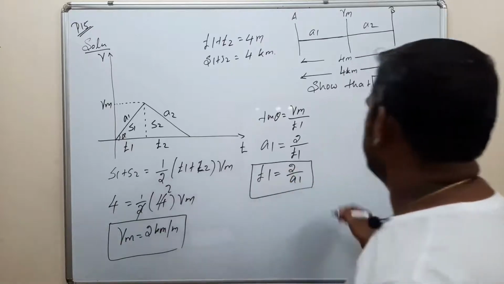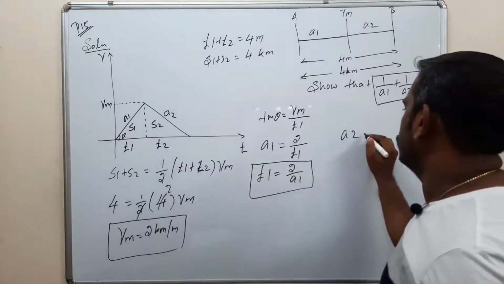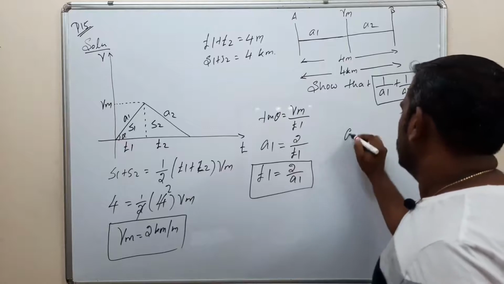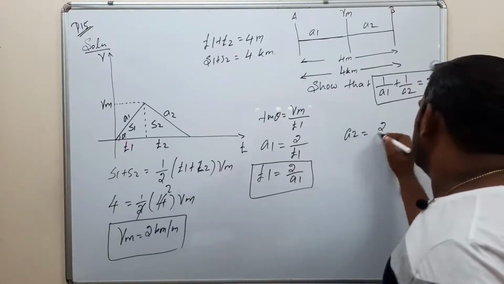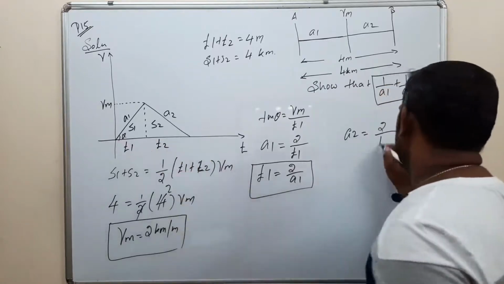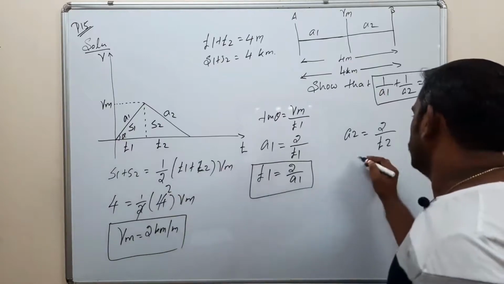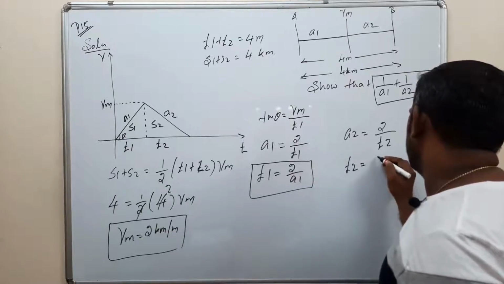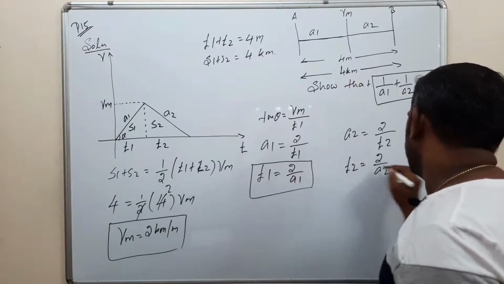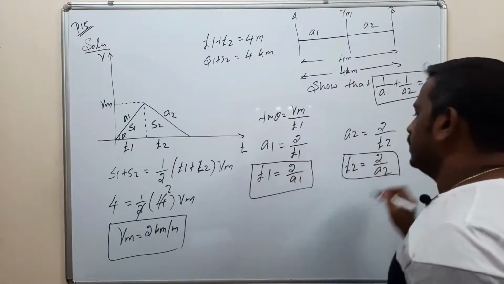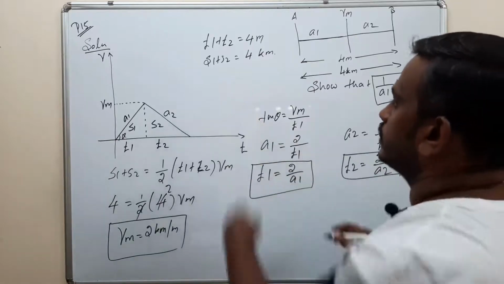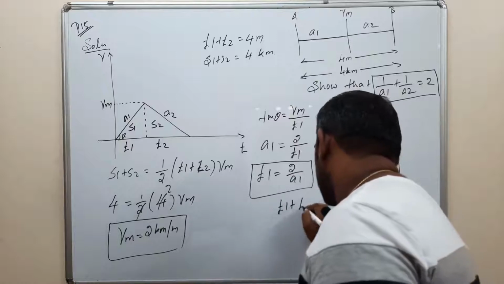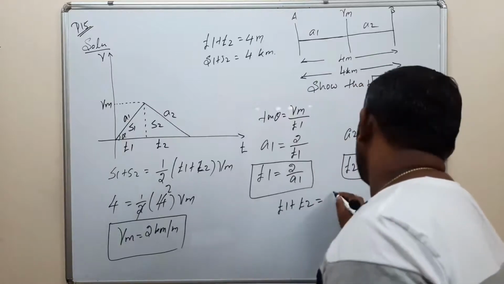Similarly we can write a2 is equal to 2 by T2. So T2 is equal to 2 by a2. Okay, so substitute the values in this equation. T1 plus T2 is equal to 4.